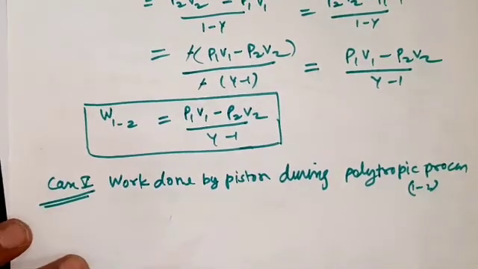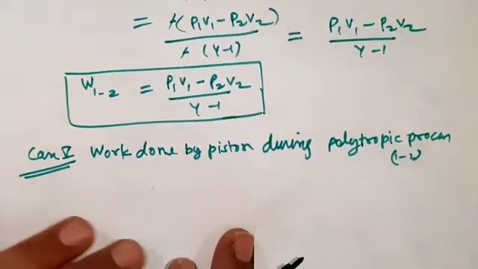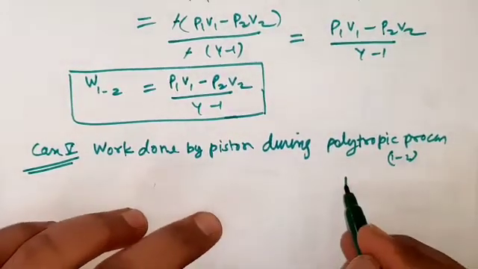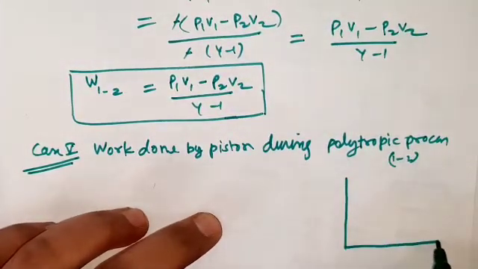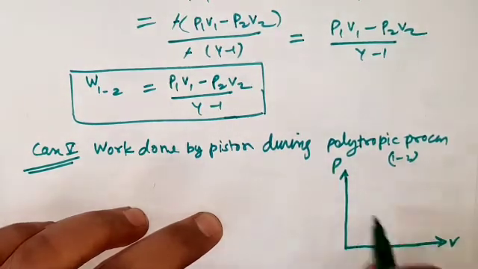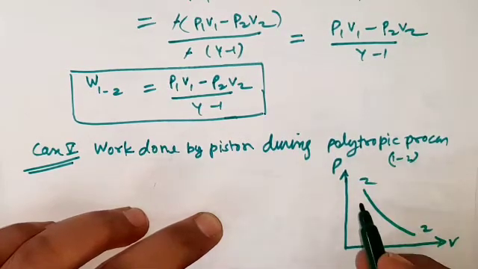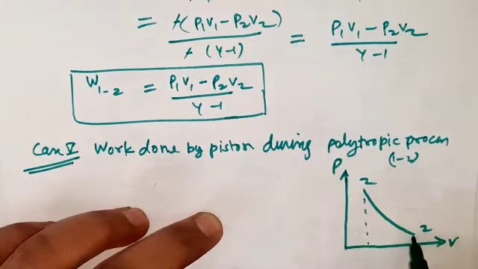So in case of polytropic process, simply we can say this is the graph, the PV diagram for this polytropic process 1 to 2. So this is actually the shaded area.